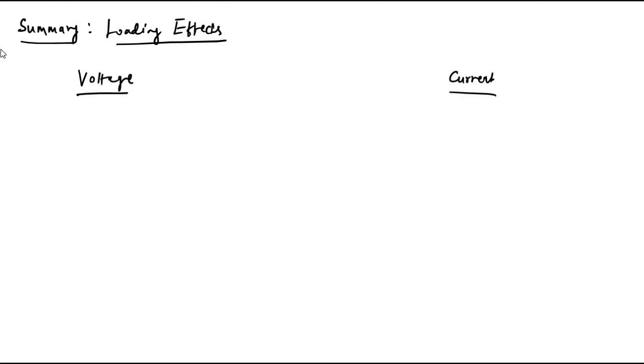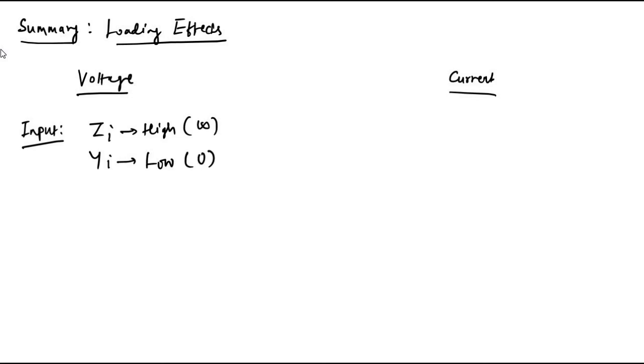For voltage sources at the input side, the input impedance should be high, ideally infinity, or we can say the input admittance should be low, ideally 0.